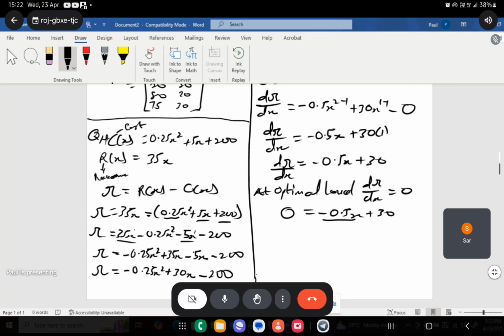So from here, we take this to the other side of the equation. We get 0.5x being equal to 30. We divide here by 0.5. We divide here by 0.5. We cancel out. So x will be equal to 60, which is 30 divided by 0.5. Please, how we go?